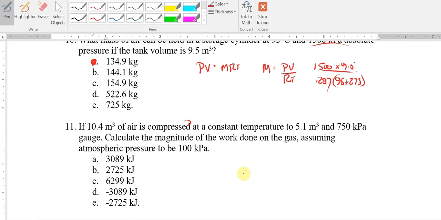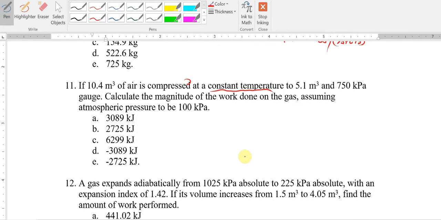10.4 cubic meters of air is compressed at constant temperature to 5.1 meters cubed and 750 kPa gauge. Calculate the magnitude of the work done. Well, we can't use the P1 V1 minus P2 V2, so this is the PV times the ln of V2 over V1. And we can use either PV we want, so this can be 5.1 times 850, that is gauge, right?